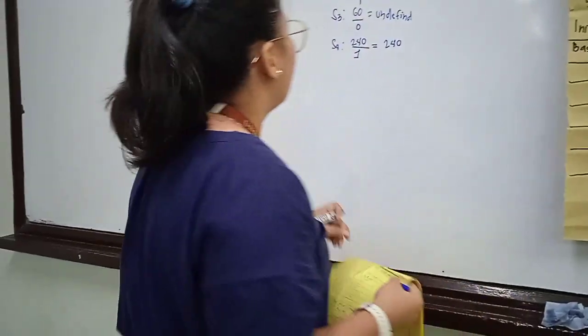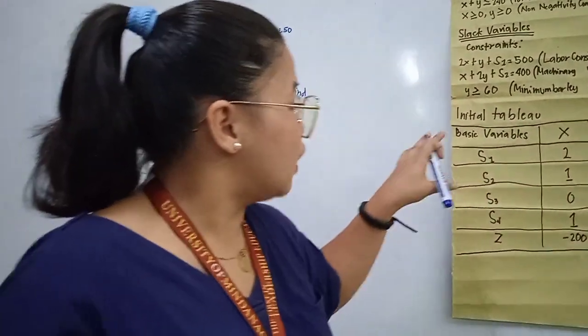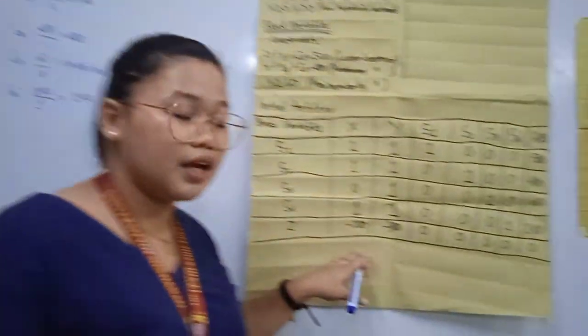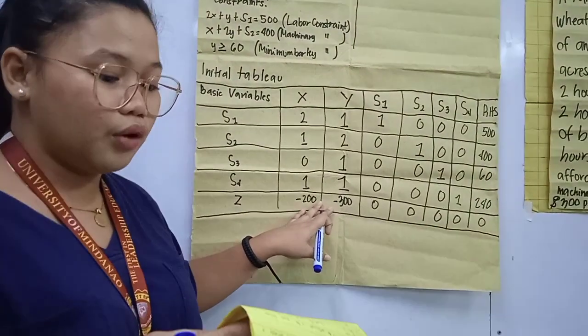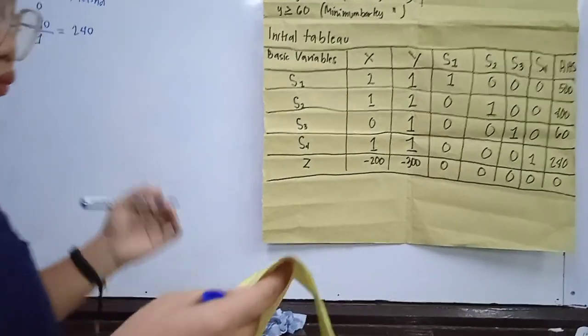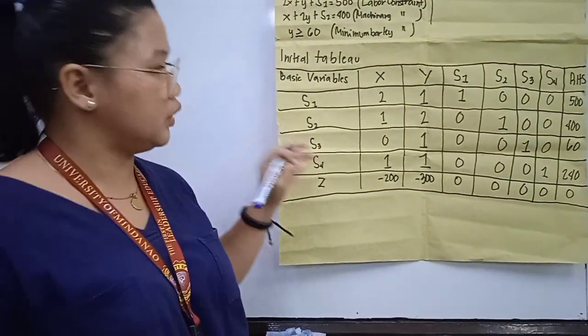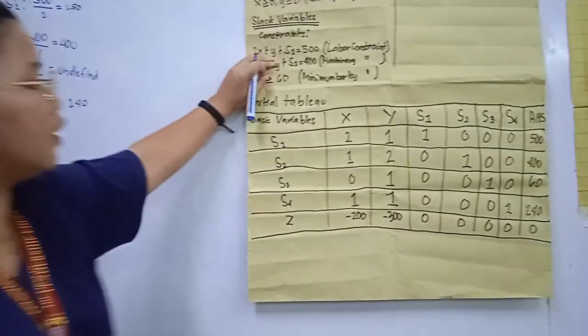So, our tableau still has negatives in the bottom row, so we're just going to repeat steps 1, 2, 3.